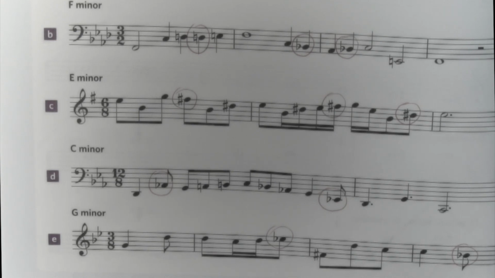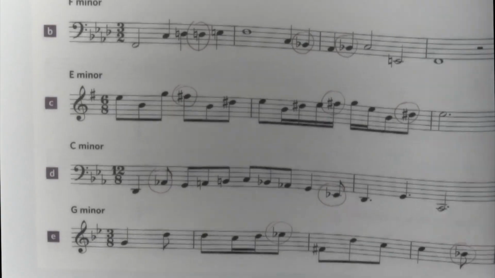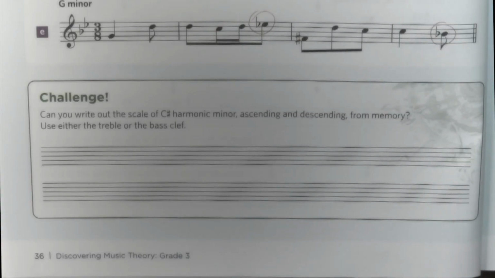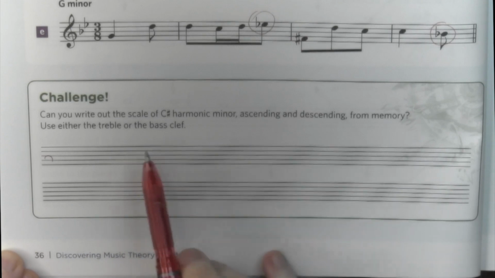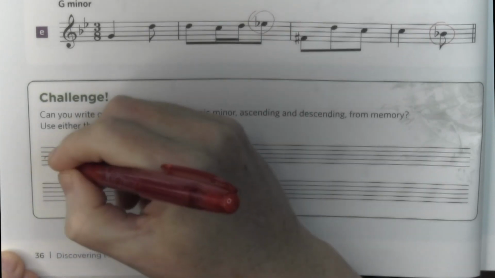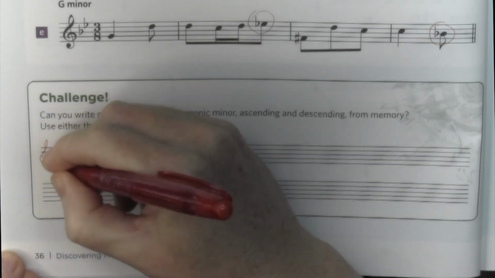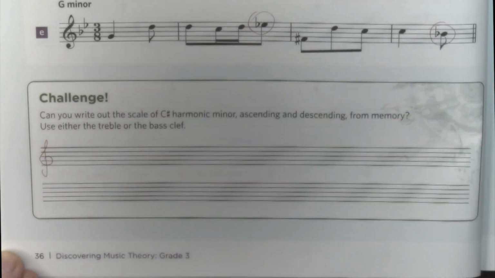Sorted. Now, I know that you want me to do the challenge, so let's move on to the challenge. We need to write the scale of C sharp harmonic minor ascending and descending in treble and bass clef. All right. Do we have to use the key signature? They don't say it. I will.